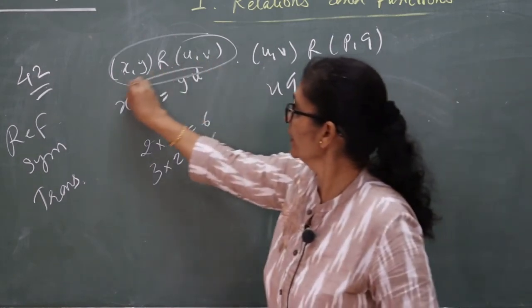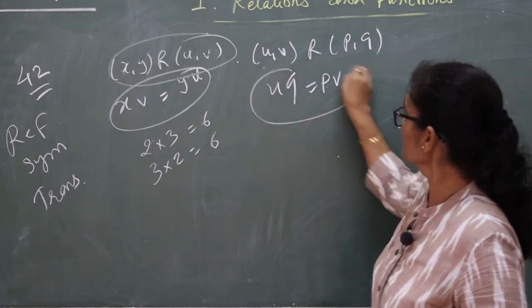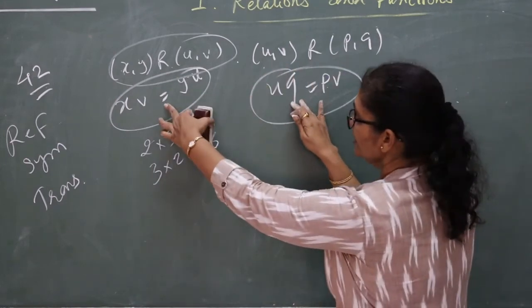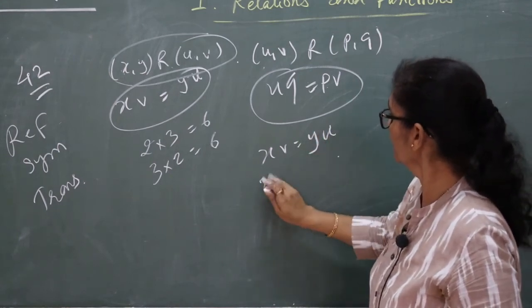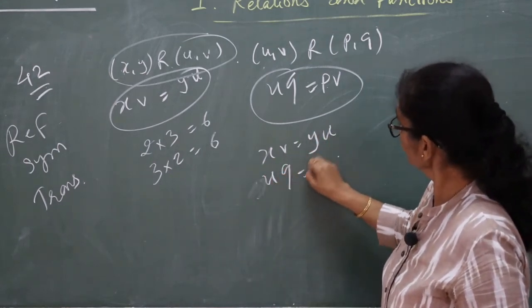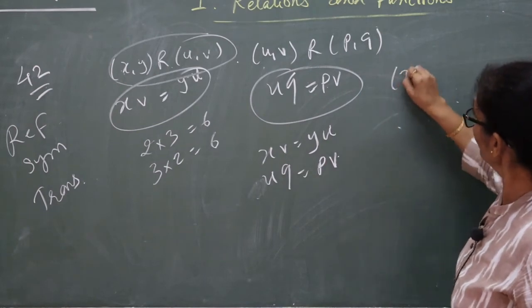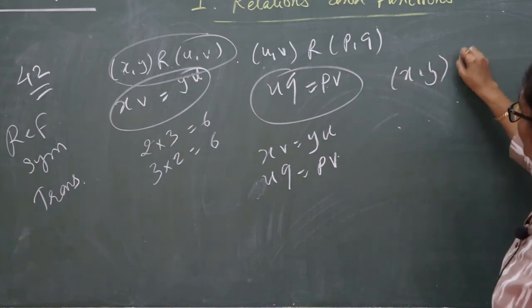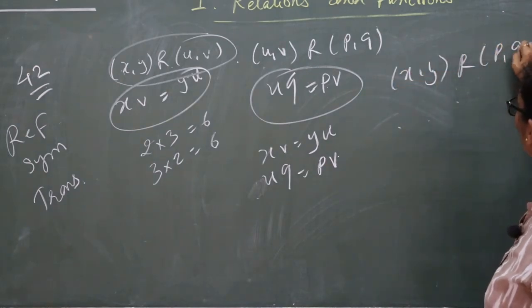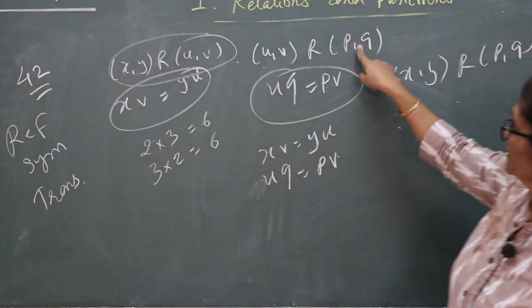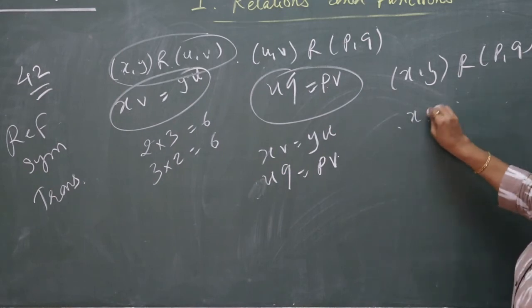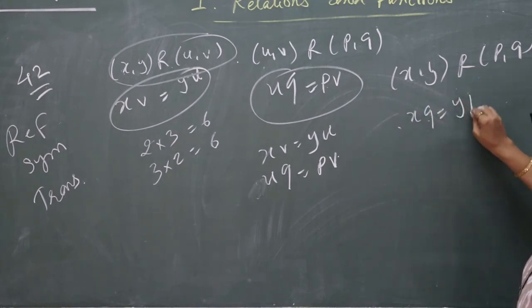We have one result, and another result. Now you have to arrange these two results in such a way that you get the result you want: (x, y) related with (p, q). First and last, second and third, so xq equals yp.